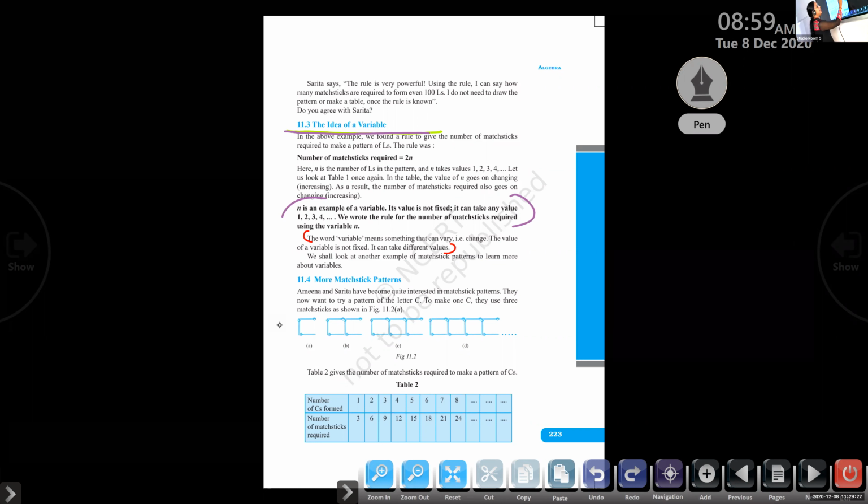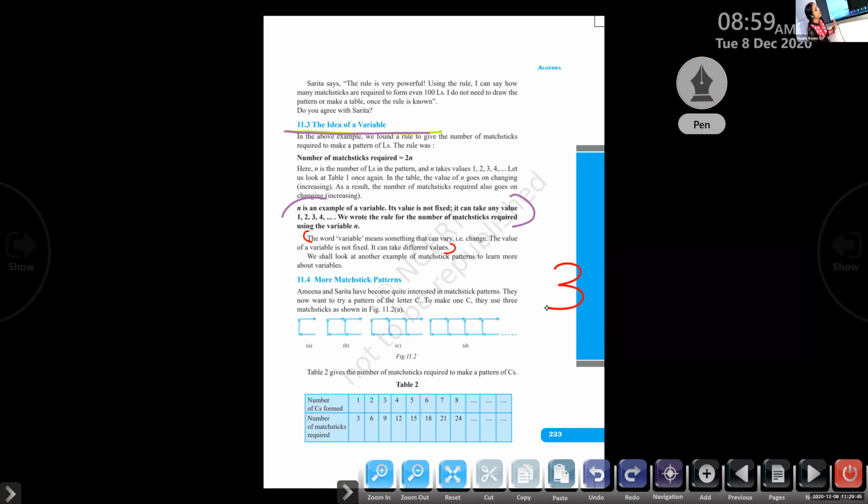Now, variable, and what about this number 3? When I say 3, you remember something, right? One number is coming to your mind, isn't it? 3's value is fixed.